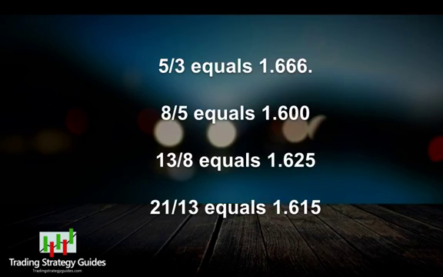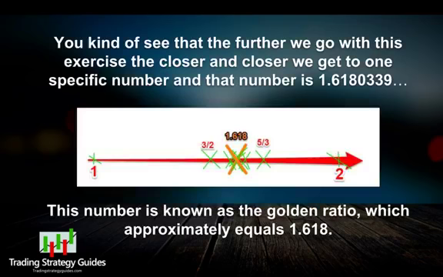So here on this slide you can see examples of those. Initially, when the numbers are small, the ratio is a bit more crude, so you get 1.666, and then the next one is 1.6. But when you get to 21 divided by 13, you're getting pretty close to the true average ratio, which is 1.615, but eventually it goes to 1.618, like you can see on this slide at the top right.